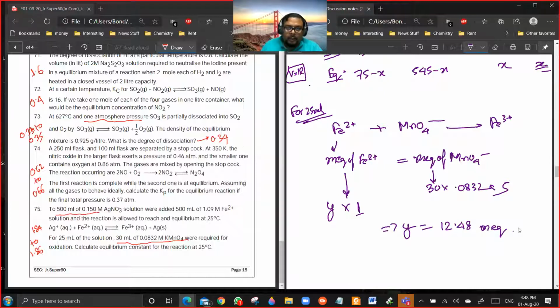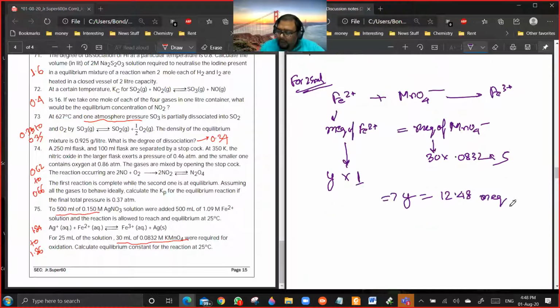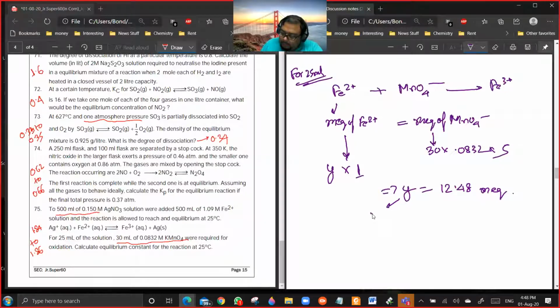Are you getting my point? Now you see, this is the milliequivalents of Fe2 plus, and that will also be the millimoles of Fe2 plus in 25 ml of solution.